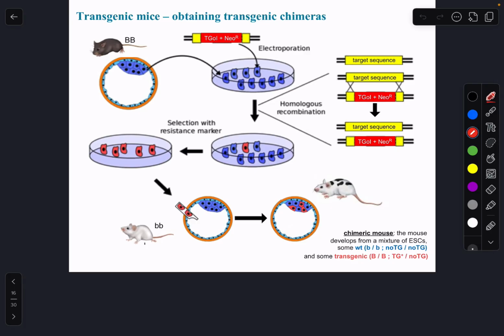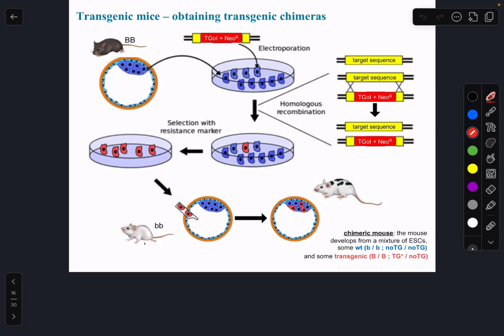And they're homozygous recessive for the B locus, and what you're doing is you're injecting these transgenic cells into the early embryo. And I'm saying this is the most difficult part because it's very, very easy to damage and essentially kill these embryos during the process. So it takes a skill set that takes a while to develop.